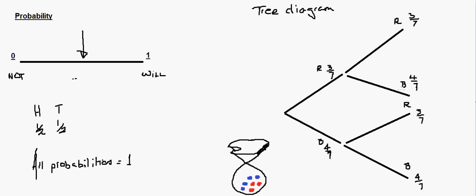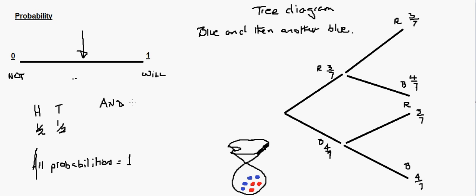So for example, if the question was, what's the probability of pulling a blue and then another blue, okay, we can work this out, and we use something called the and or rule.